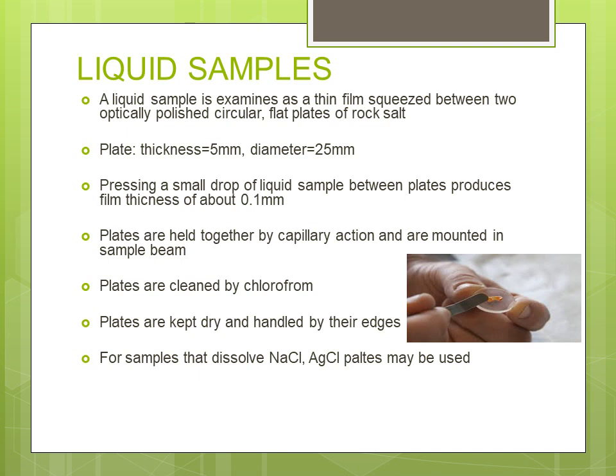Their thickness is about 5 mm while their diameter is about 25 mm. We take a single plate, put a drop of liquid sample on it, then put the second plate on it and press both plates, and our sample is converted into a film of thickness about 0.1 mm.